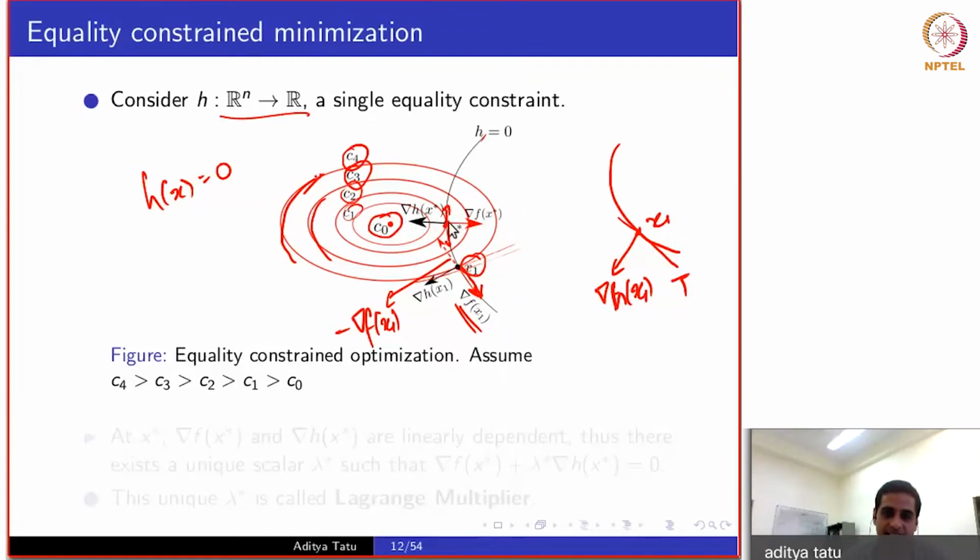Both these directions are orthogonal to the direction of the gradient of the cost function. And we just discussed, by going in directions orthogonal to the gradient of a function, the value of the function doesn't change. Therefore, this is your point of minimum.